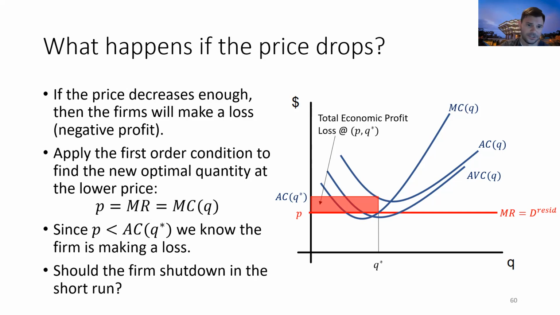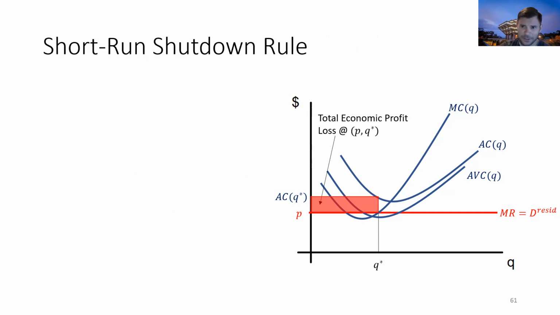So the question is, should the firm shut down in this situation? Should the firm shut down? The answer to this question requires us to think about the benefits and costs of shutting down.